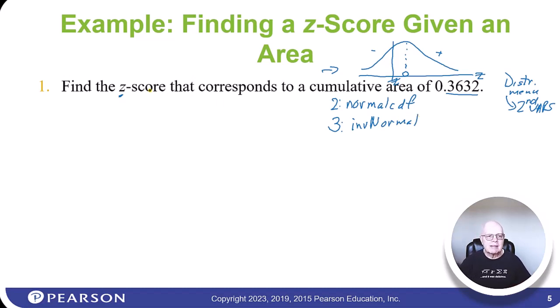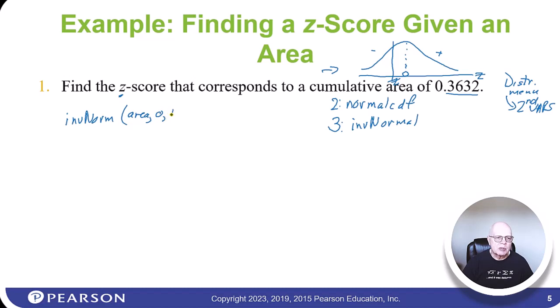So how do we get the z-score that corresponds to that cumulative area? Well, this is how you do it. You're going to go there and you're going to pick up the inverse normal function. Now the way this one works is, in general, you type in the area first and you tell it what normal distribution you're talking about.